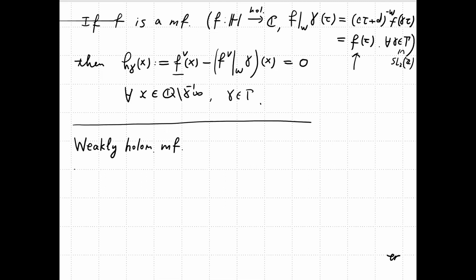A famous example is the J function, which is invariant under the whole modular group, and which has this Fourier expansion near q equals 0, or i infinity.